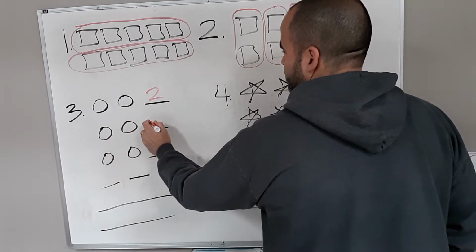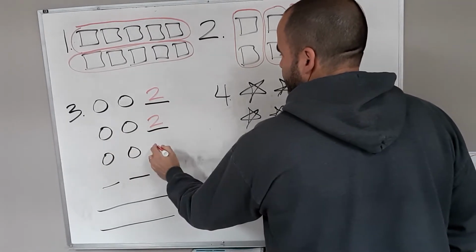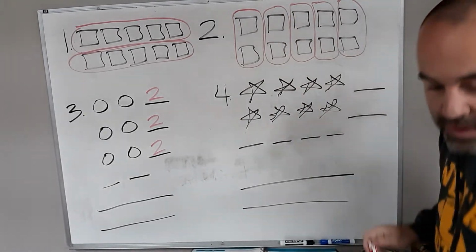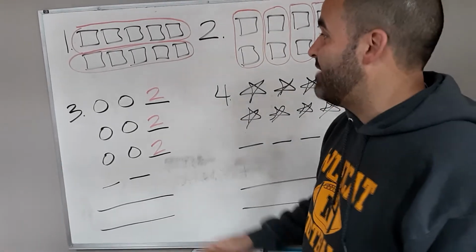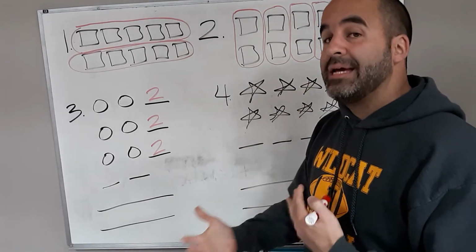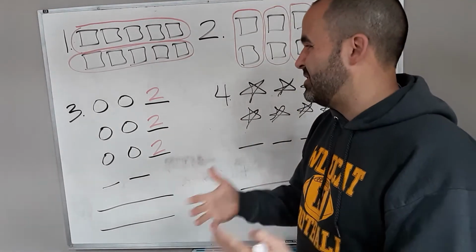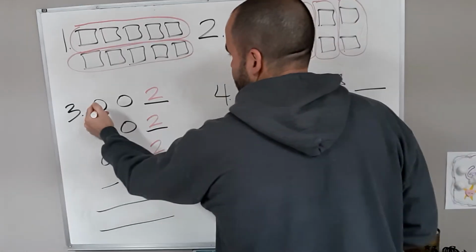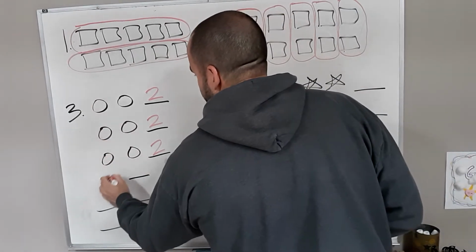In this row we also have 2, and in this row we have 2. Which makes sense, because if you are working on arrays, arrays should have the same number in every row and the same number in every column. That's what makes them an array. Otherwise they're just a jumbled mess. Now, let's do the columns. In this column we have 1, 2.